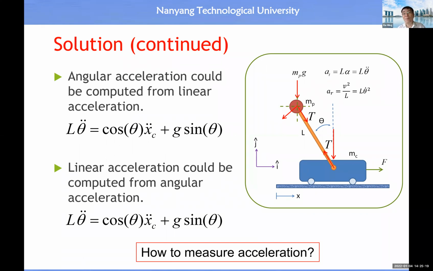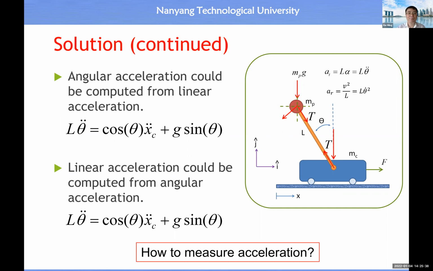As I said before, the way to measure linear acceleration and angular acceleration should be the same, because we all leverage the use of induced force, such as inertial force or centrifugal force, all right? So the measurement principles are exactly the same.